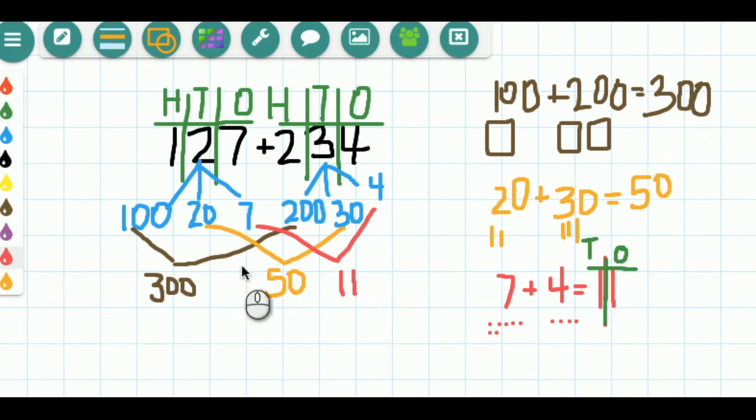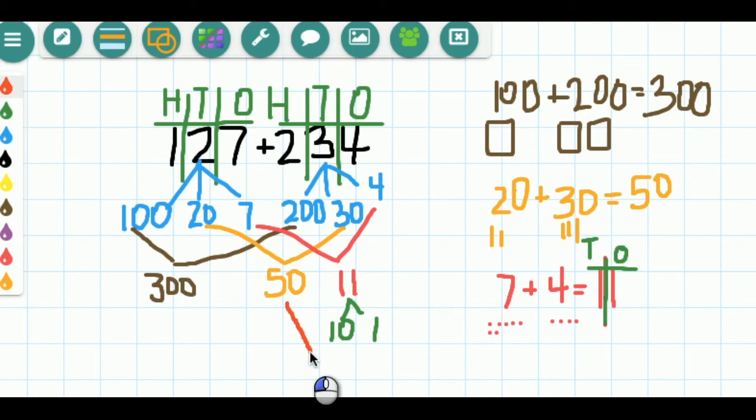But we'll write 11 down here, and then we can break it down into 10 and 1. And now we can put these together. So we'll put our tens together, which would be the 50 and the 10.